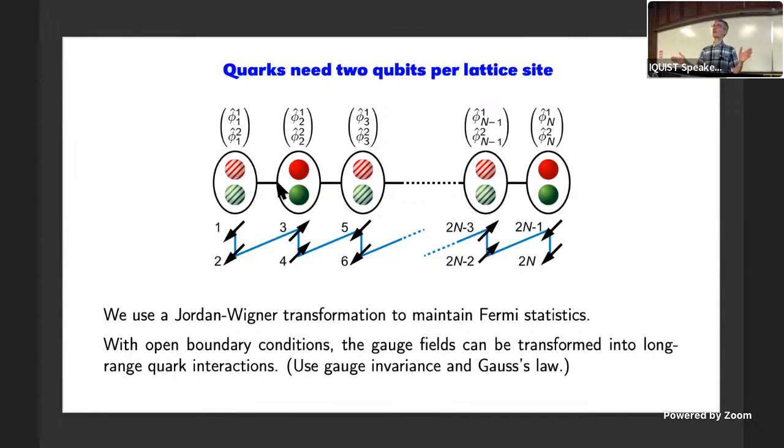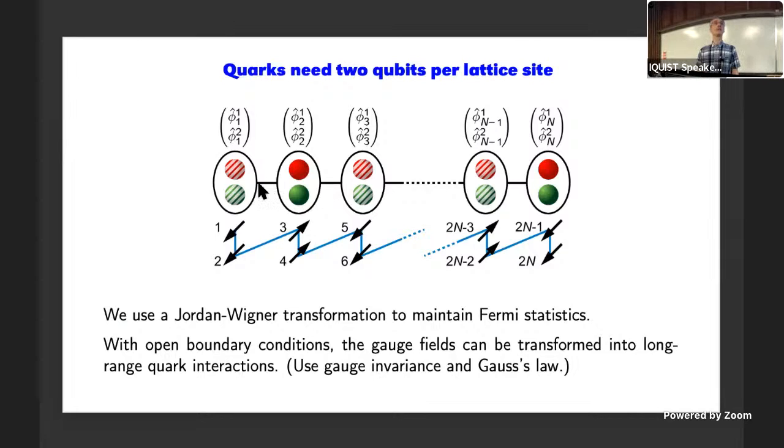If I make that choice, then I don't need any qubits for that gauge link on the left. It's just the identity matrix. But of course, the same gauge transformation that we chose will alter these quark fields at the site. And it will also alter the gauge field pointing out to the right. Presumably, they will become more complicated. That's the price we pay for no longer needing qubits for this gauge link on the left.